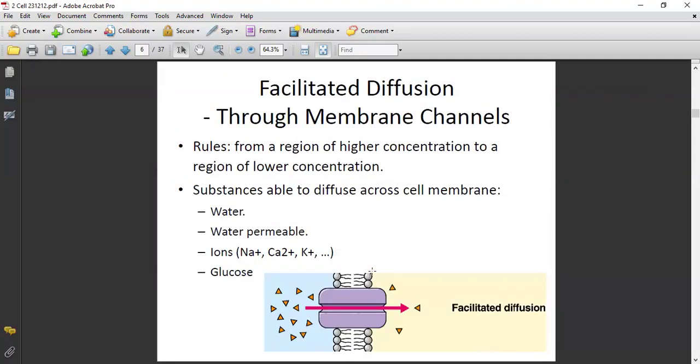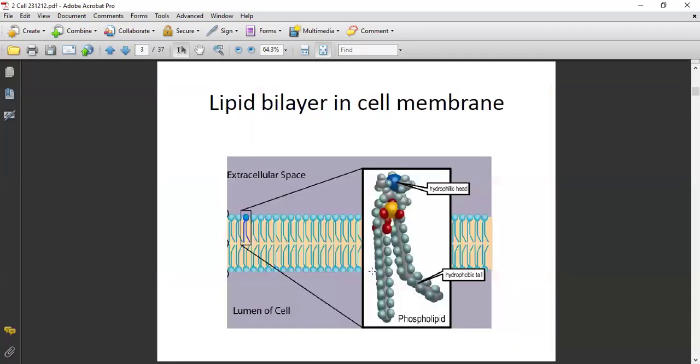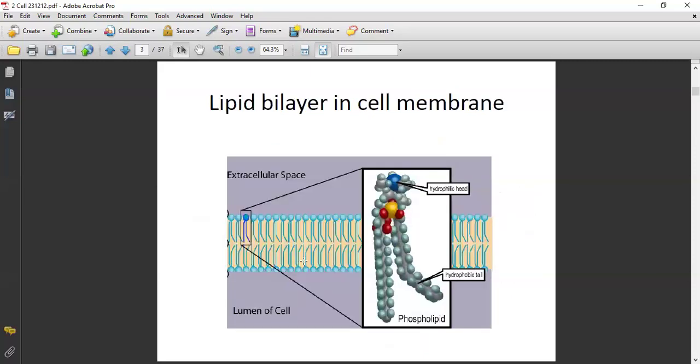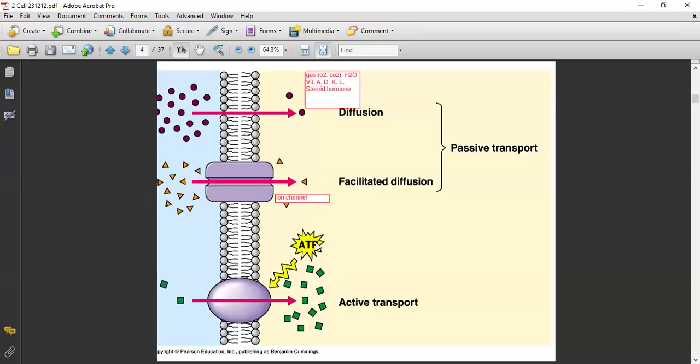And the next thing is that we want to bring up another very important organelle, that is mitochondria. Molecules can move across the cell membrane through different ways. In addition to diffusion, we can have active transport, and this active transport requires ATP.